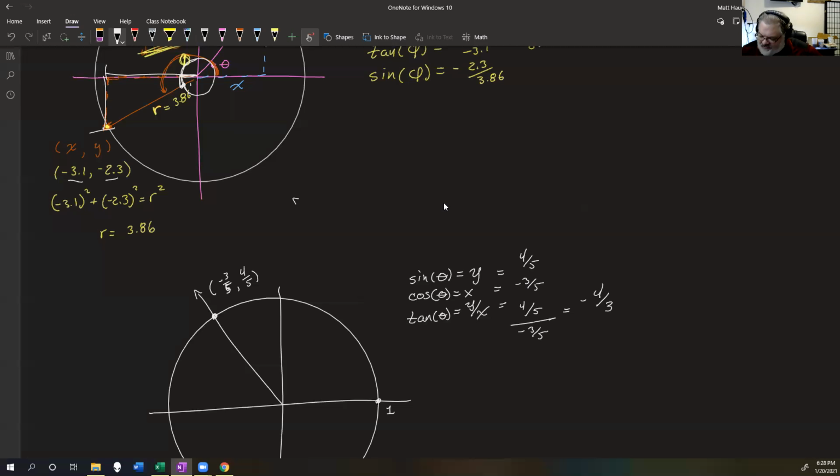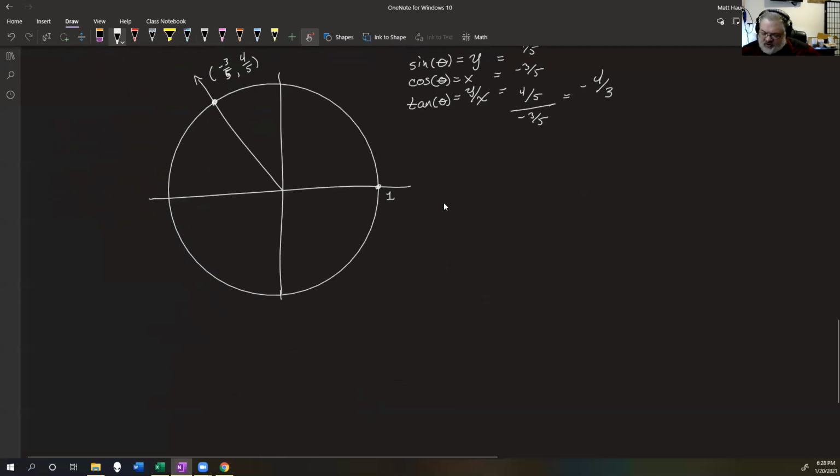Well, if all of this is supposed to be handy, would it be nice to know some points on that circle at important angles? I think it would be nice to know some points on that circle at particular angles. Maybe there are some handy angles that we could figure out those points for.